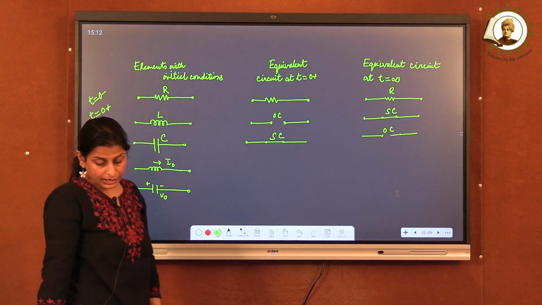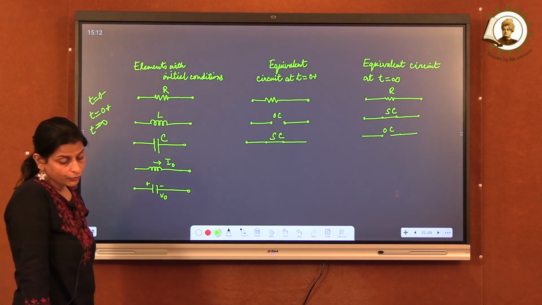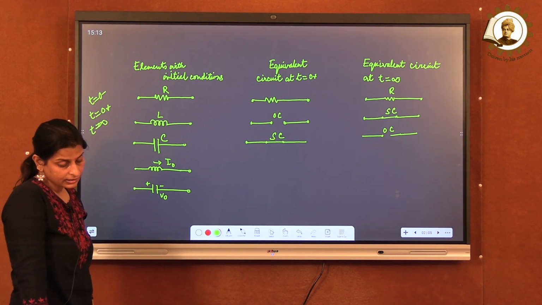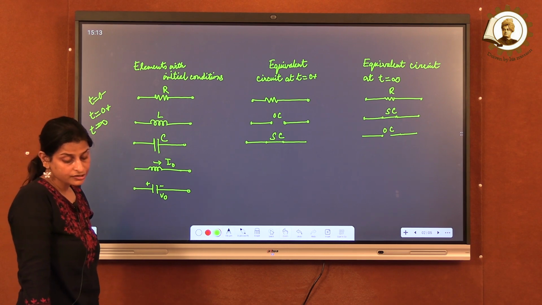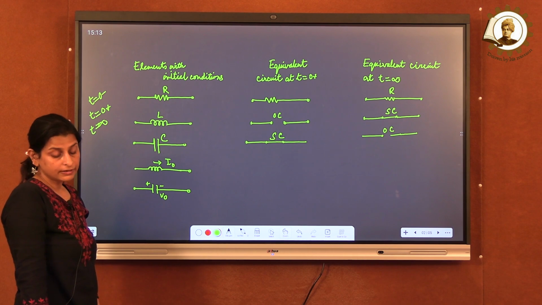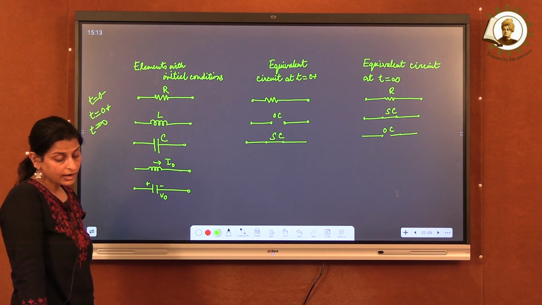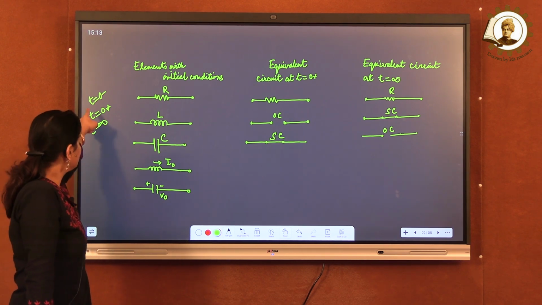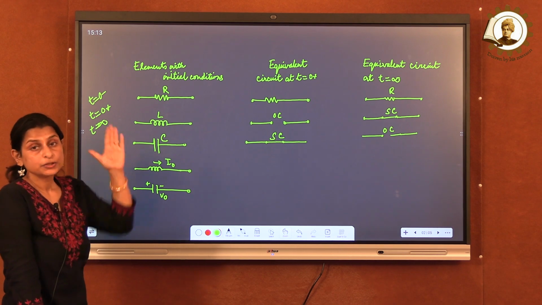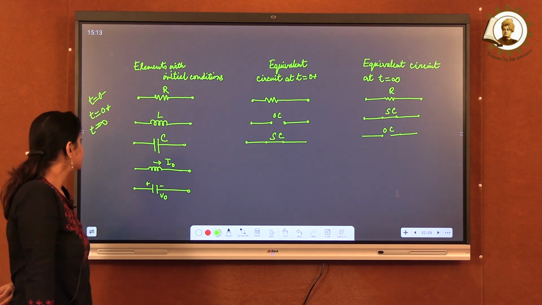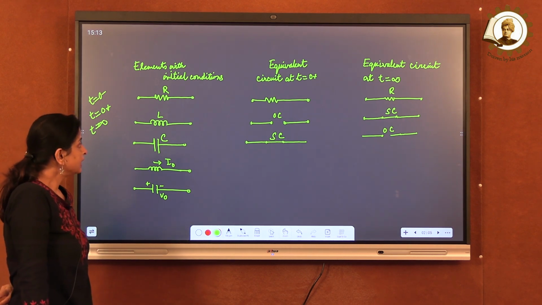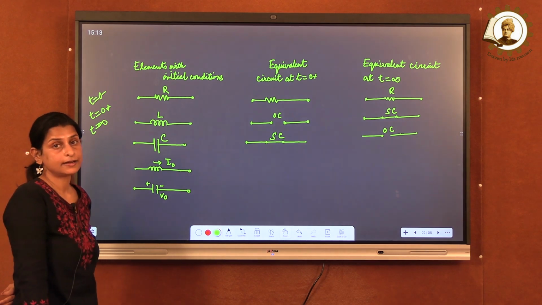An inductor does not allow an abrupt change in the current through it. If there is no current flowing through the inductor at t equal to 0 minus, just before the switch closes, then at t equal to 0 plus it will act as an open circuit.